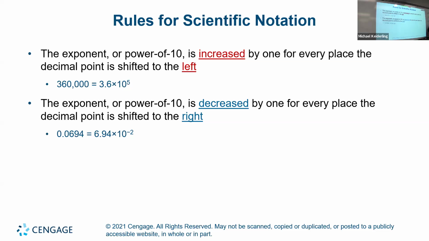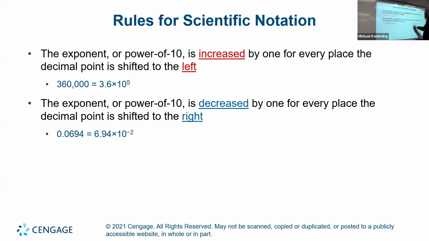And you can use these same rules to undo scientific notation. So here we have 6.94 times 10 to the minus 2. If I want to write this like a regular number, in order to get rid of the minus 2, I need to increase the power by 2.